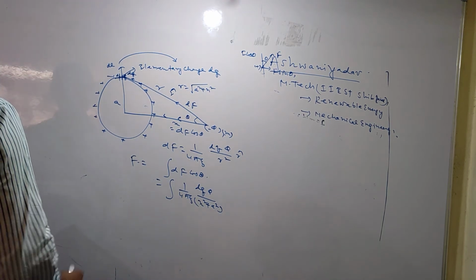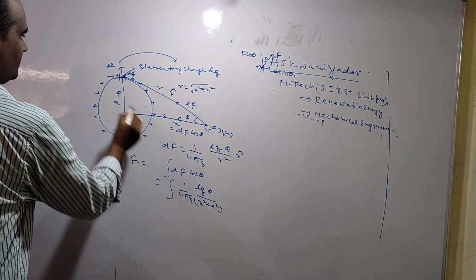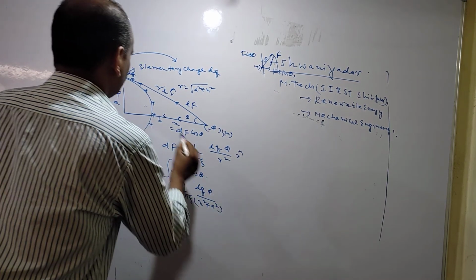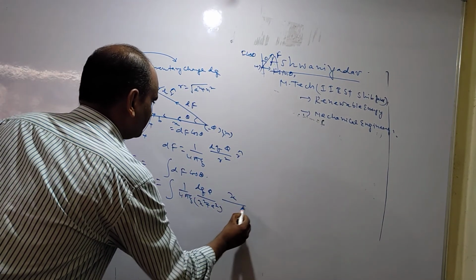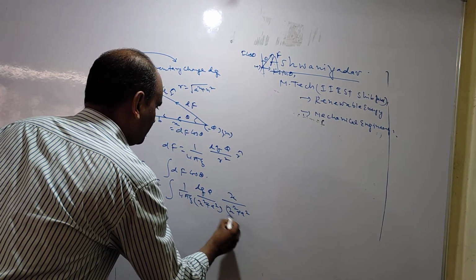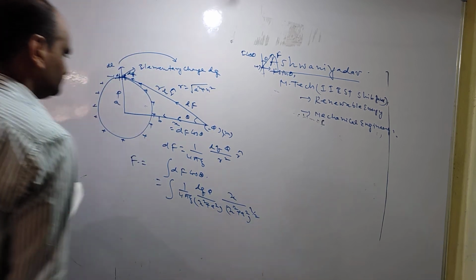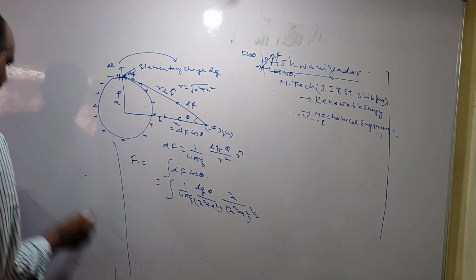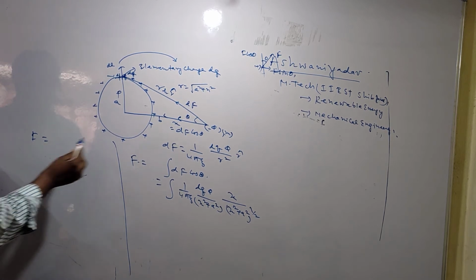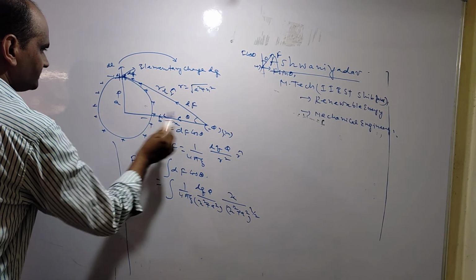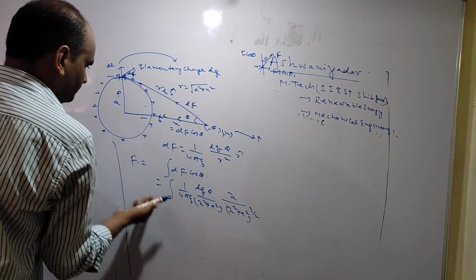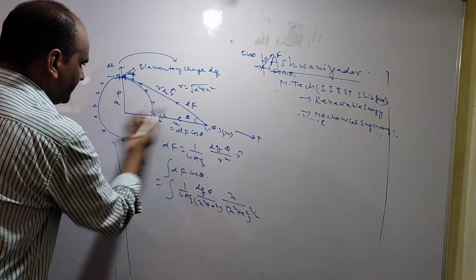Now what is cos theta? This is the perpendicular, this is the base, and this is the hypotenuse. We have cos theta equal to x by (x square plus a square) to the power half. So we have the force. This direction you can say negative and this direction positive, so the force is negative considering the direction.